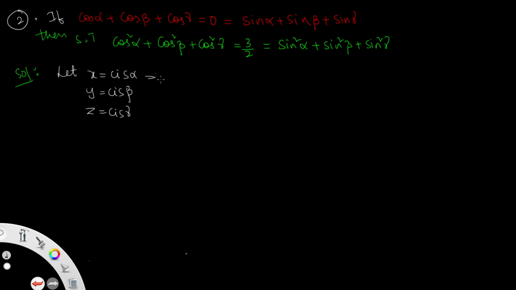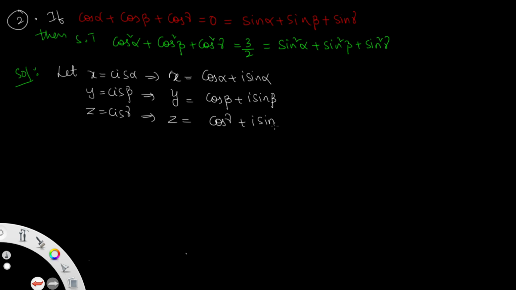Then we can write x equal to cos alpha plus i sin alpha, y equal to cos beta plus i sin beta, and z equal to cos gamma plus i sin gamma.